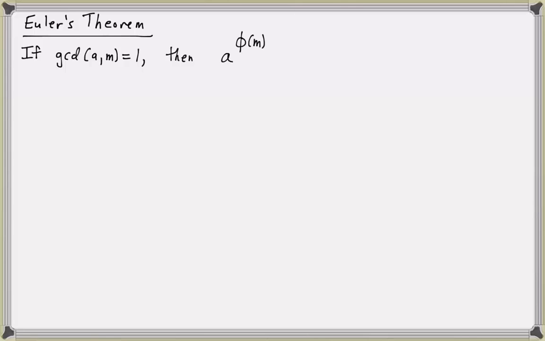So if I take a and raise it to that number, phi of m, this will be congruent to 1 mod m.